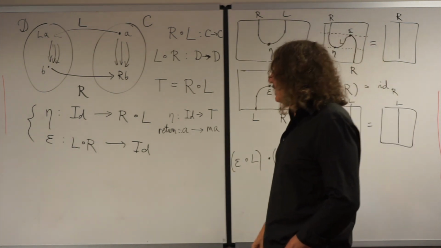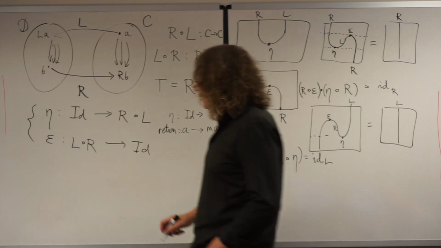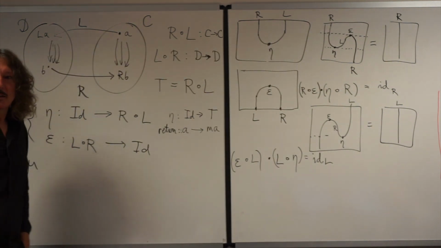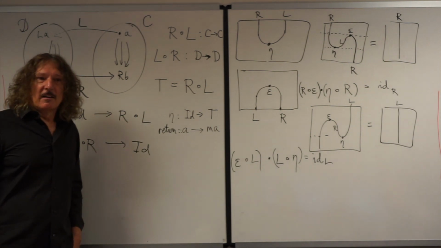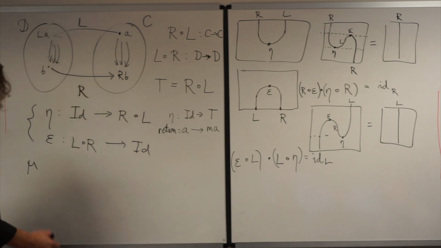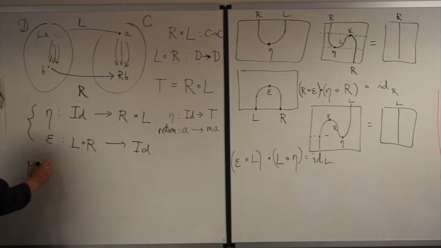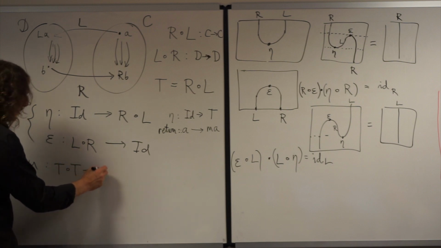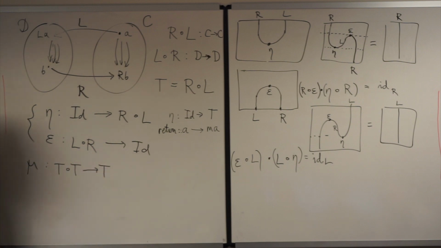Now we need also this mu. Remember what mu was? Mu was what you might know as flat map, but it's join in Haskell, or flat map in Scala. So mu goes from T after T to T, right?